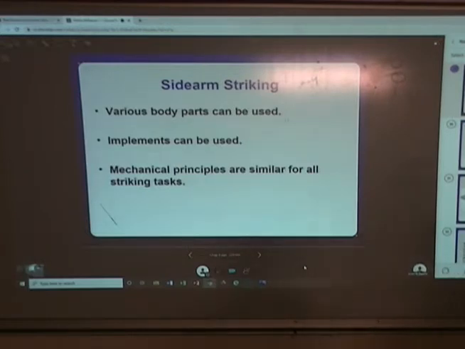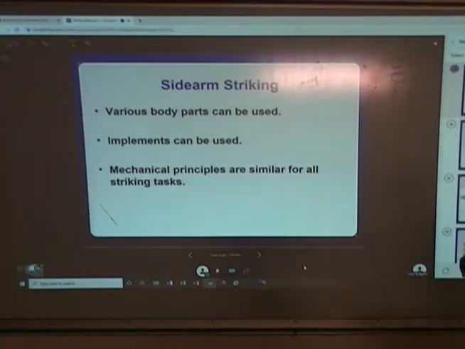Okay, striking. So in their textbook, they split striking into a sidearm strike and an overhead strike, if I remember correctly. So a sidearm strike would be a very basic tennis swing.